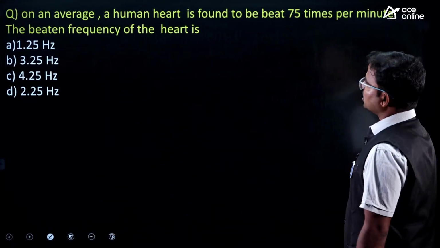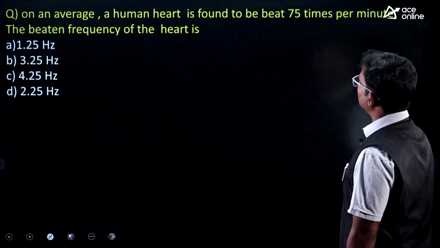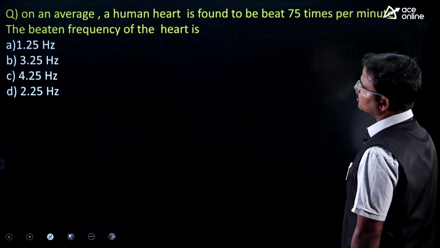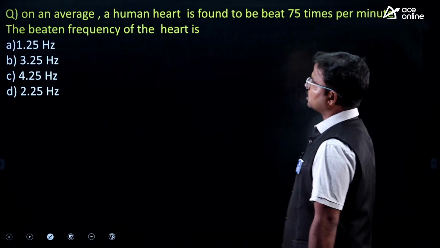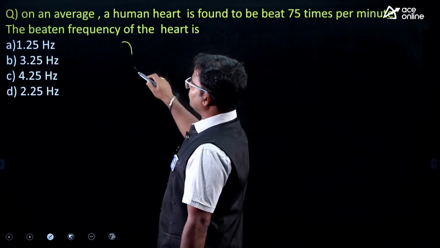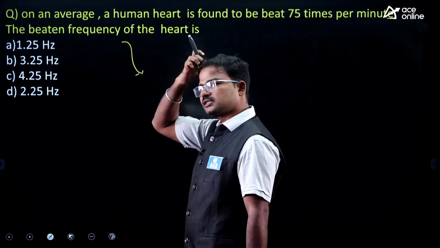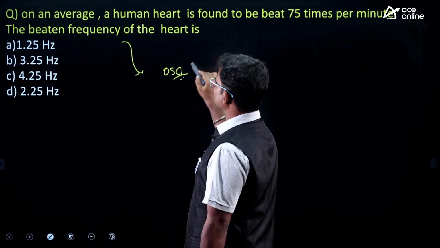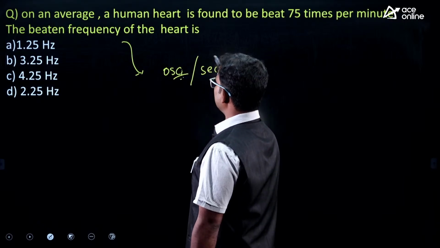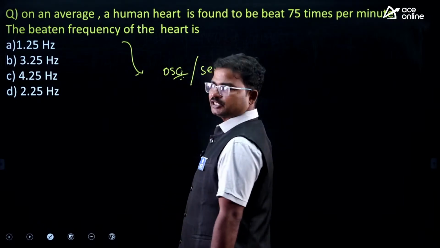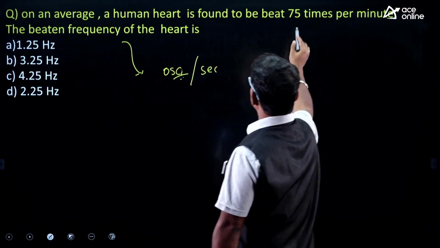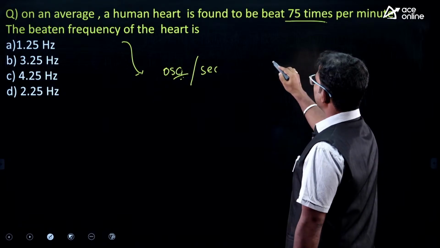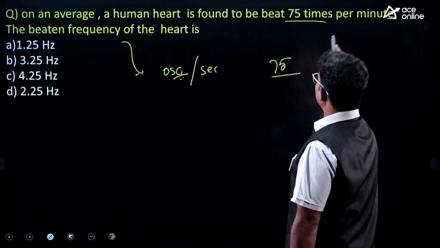Next, on average a human heart is found to beat 75 times per minute. The beat frequency of the heart, frequency means the number of oscillations per second, or number of vibrations per second. So here how many times does it vibrate? 75 per minute.